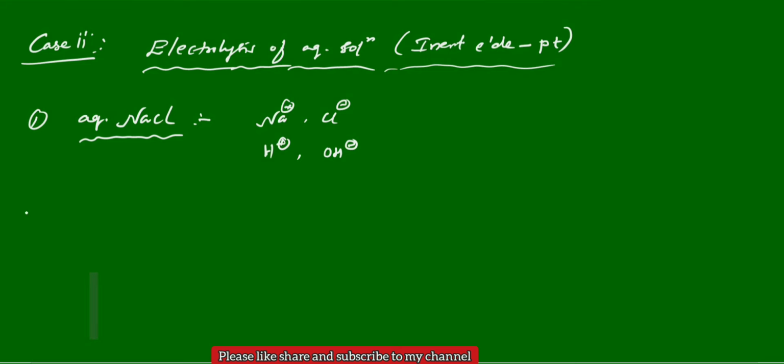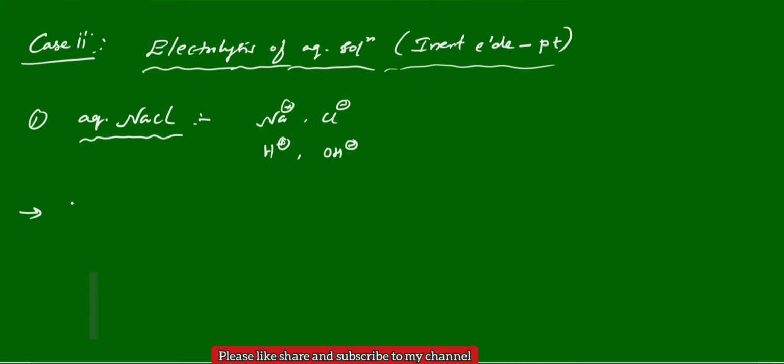The cation which has more reduction potential value can move towards the cathode and deposit or liberate at the electrode. Similarly, the anion which has more oxidation potential can move towards the anode and deposit or liberate at the electrode. That is the condition. We have to check their electrode potential values.